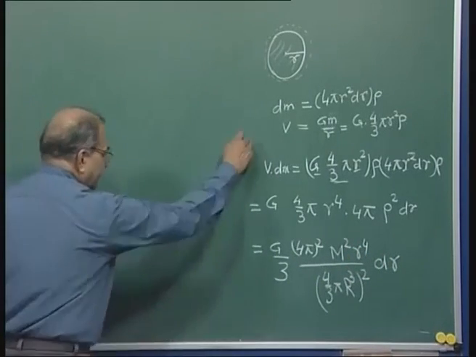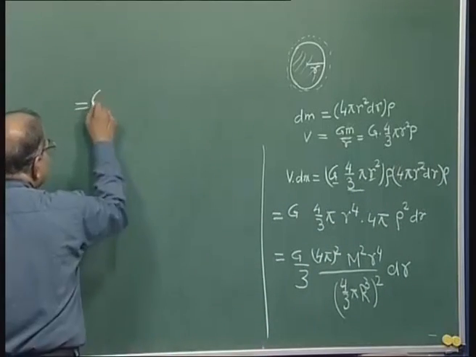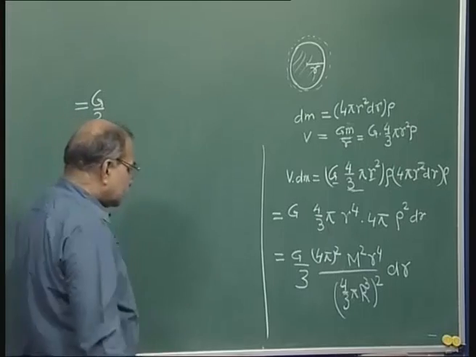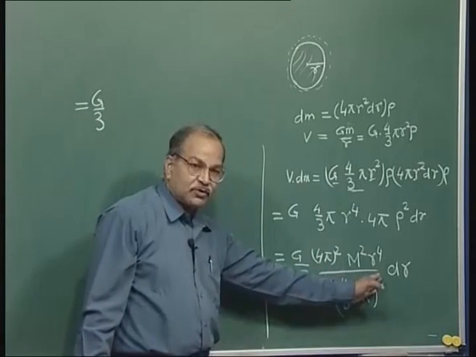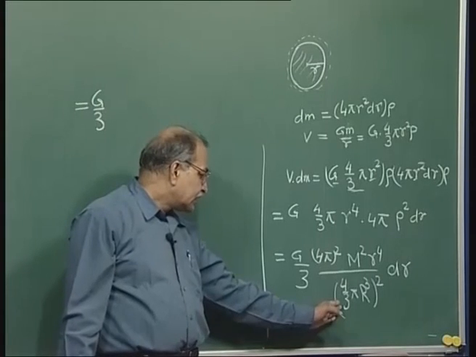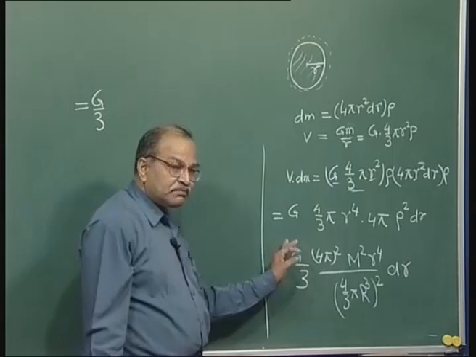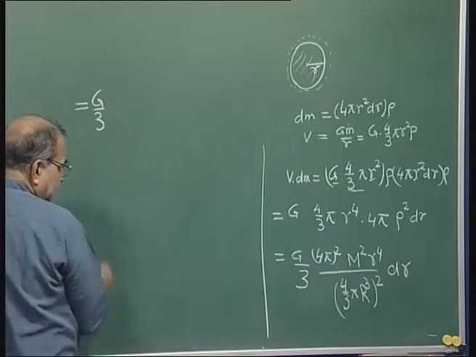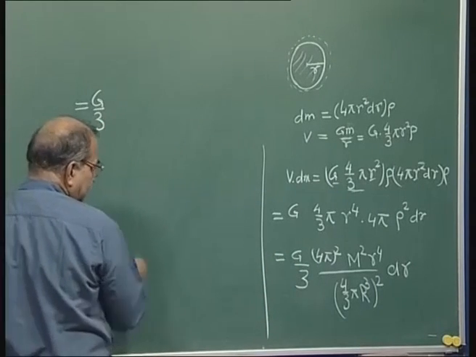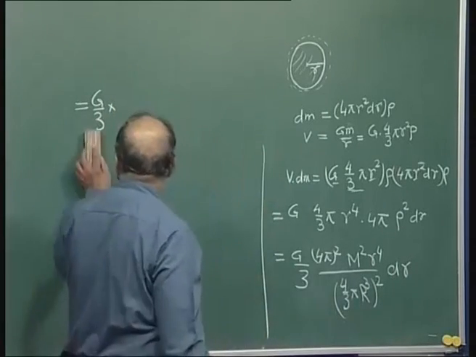Okay. So, this will be equal to G by 3, this 4 pi square and this 4 pi square go away, and this 3 square here will be 9, 1 by 9. So, 1 by 3, this 3 will go up. So, this 3 cancels and this 3 goes up.